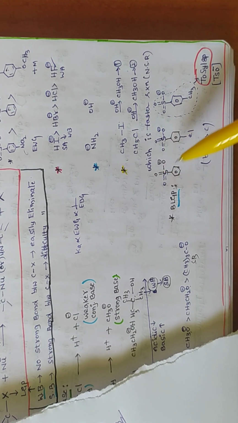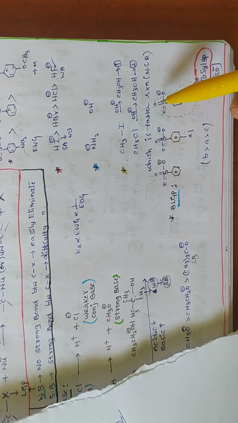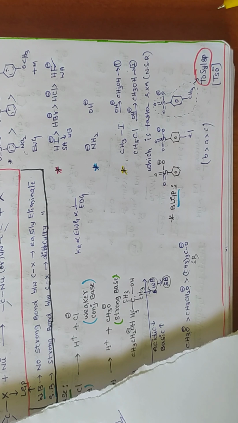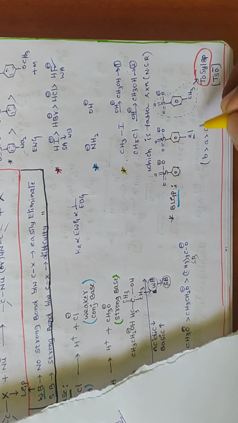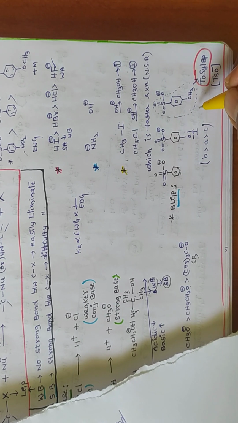Next, which is the better leaving group? Here this compound is given, and this compound is given. Here all groups are the same, SO3 minus, with the benzene ring common. Next, here Cl is there, and here CH3 is there. This group is also called the tosyl group. Its symbol is TsO minus. Now here an electron withdrawing group is present, chlorine, a minus I effect. Next, CH3 shows a plus I effect.